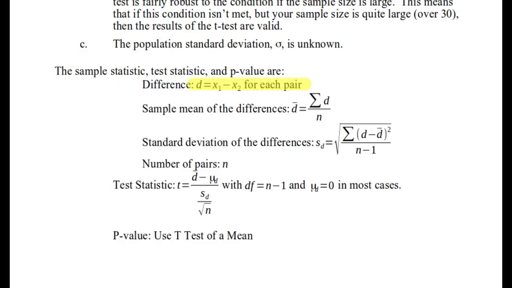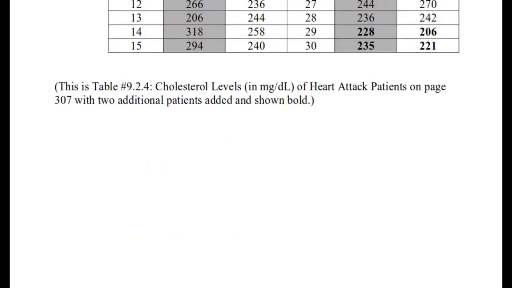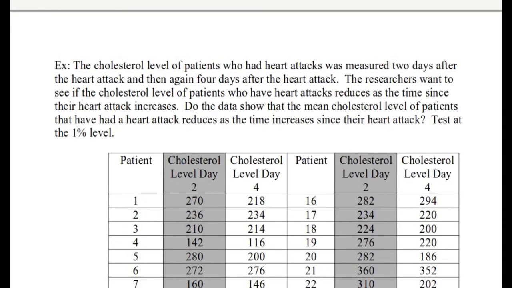So here is an example. We're looking at the cholesterol level of patients who had heart attacks. We measured those 2 days after the heart attack and then again 4 days after the heart attack. The researchers wanted to see if the cholesterol level of patients who have heart attacks reduces as the time since their heart attack increases.